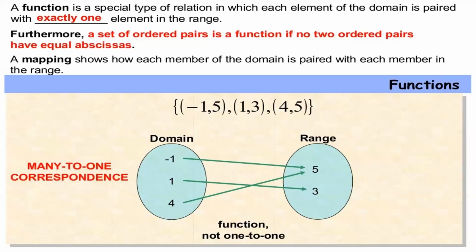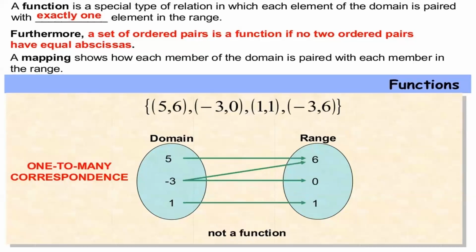Our range is just dependent on our domain. So always focus on the domain, if it has only one corresponding value. In this case, all the domain has only one corresponding value. Okay.